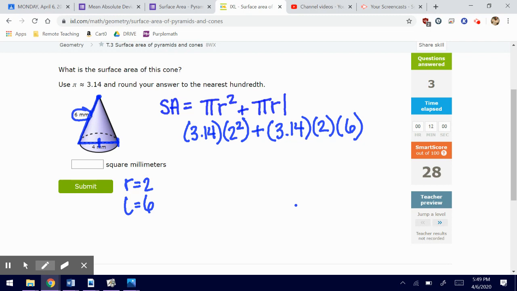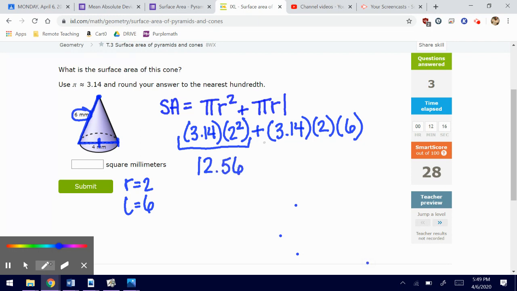I'm going to do one part at a time. So my first part is going to be 3.14 times 2 squared, which is going to give me 12.56. The second part, which is going to be 3.14 times 2 times 6, is going to be 37.68.